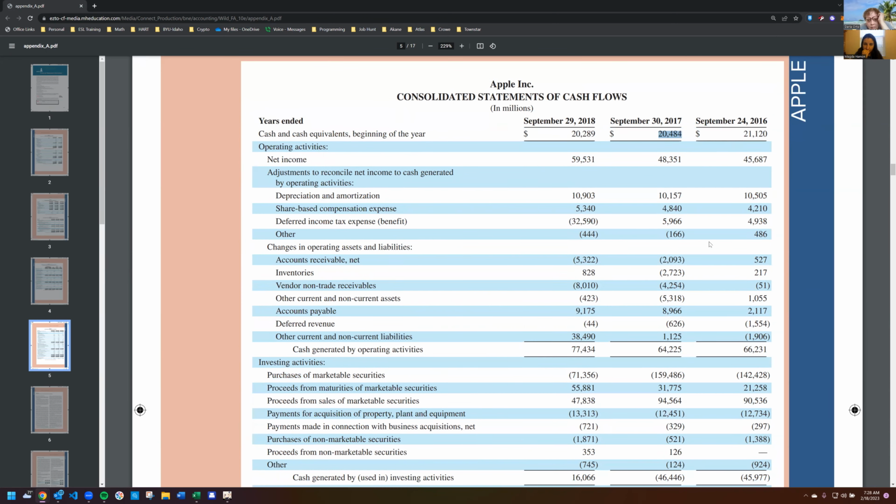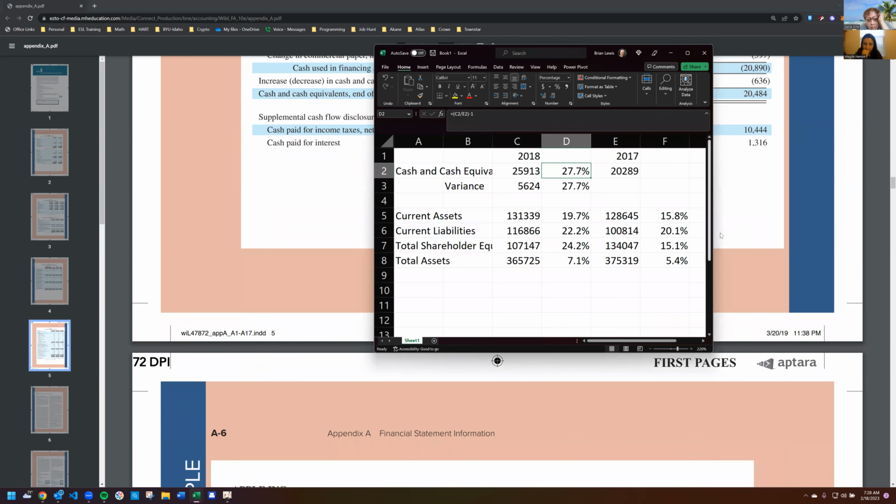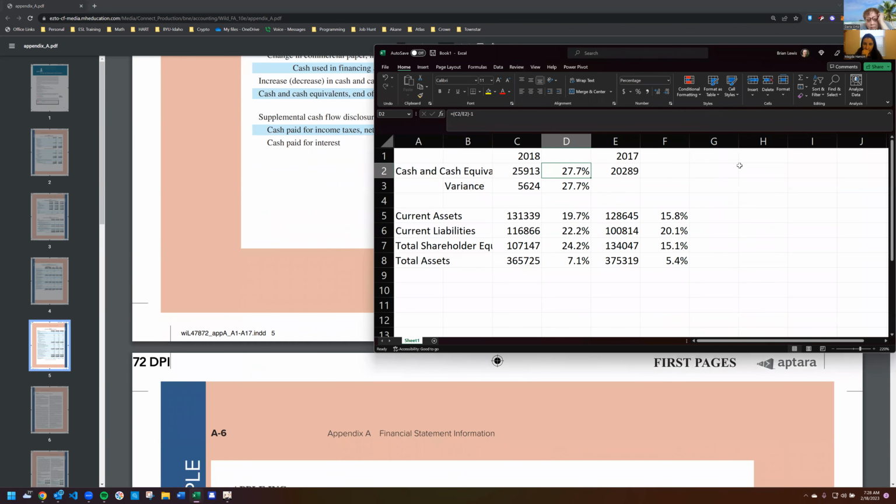It should be the same, 24,484. So the easiest way to do this is to use these same calculations and just move them over. I should get a negative 1%.